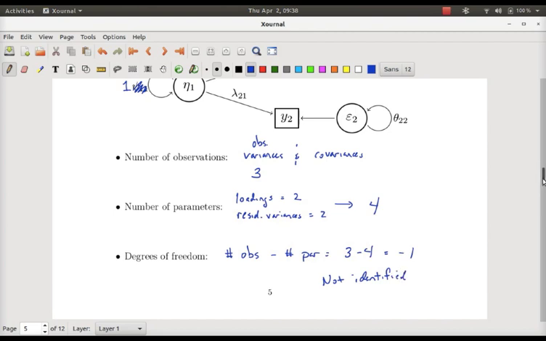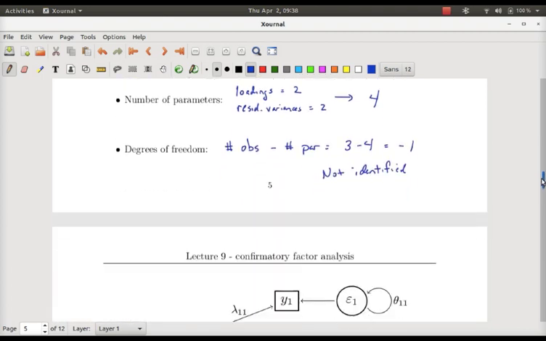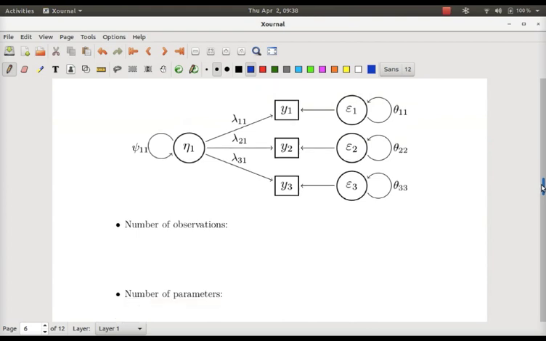Well, what this says is you can't estimate a model that only has 2 items loading onto 1 factor. It's just not going to work. Okay, so let's see how many do we need to have? Well, 3 do it. Well, let's try that out. Let's do a model that has 3 items loading onto 1 factor.